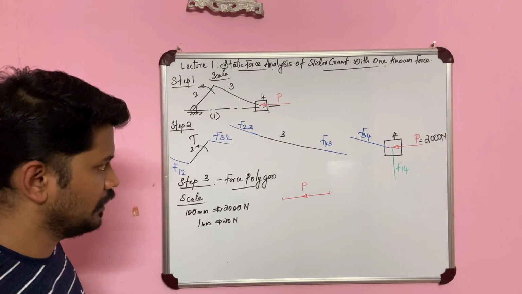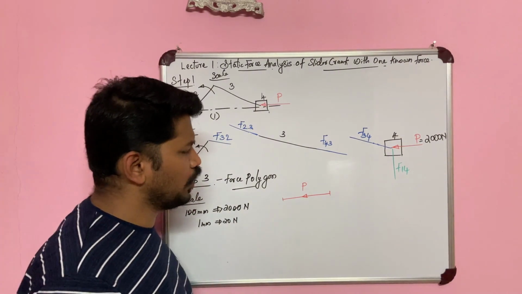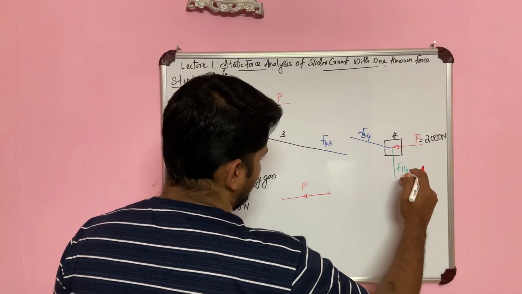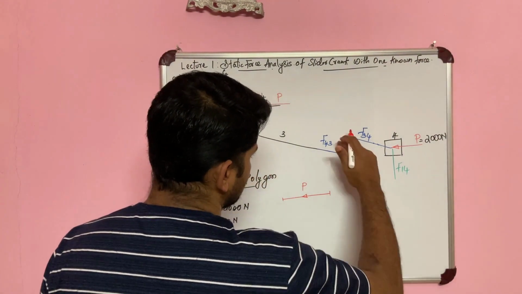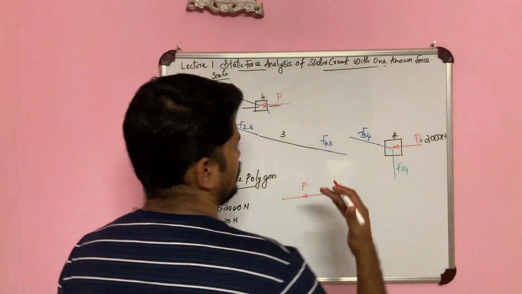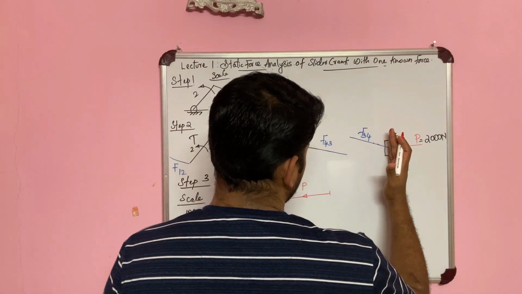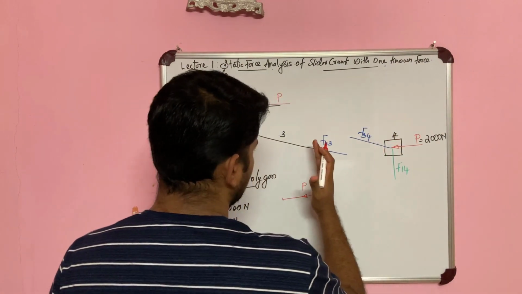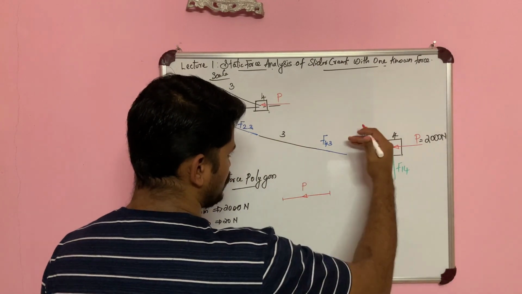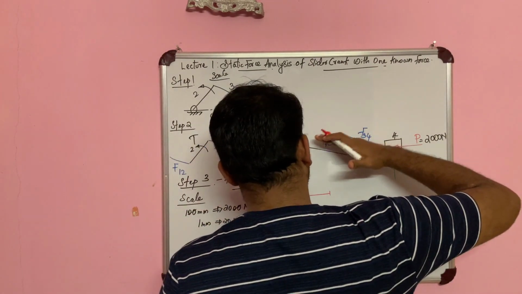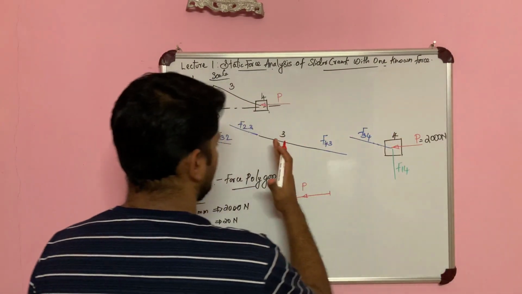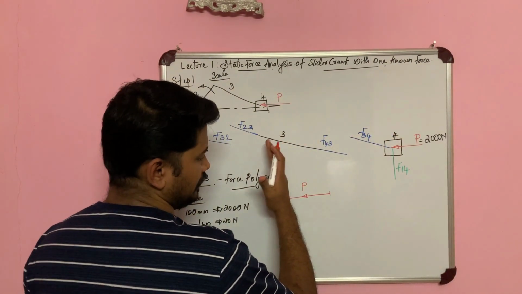Now, what else do I know? I know that this is F14 and this is F34. These two lines of action I know. So what I'll do, I'll draw the F14 and F34. These two I have to draw. So F34 I'm going to take from here and draw over here, and F14 I take from here and draw over here.